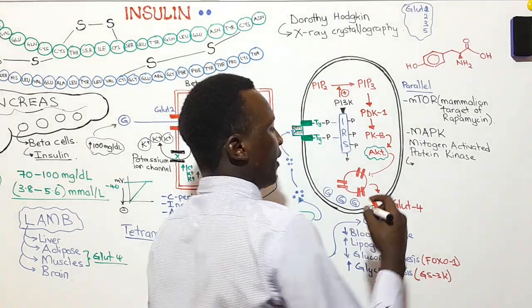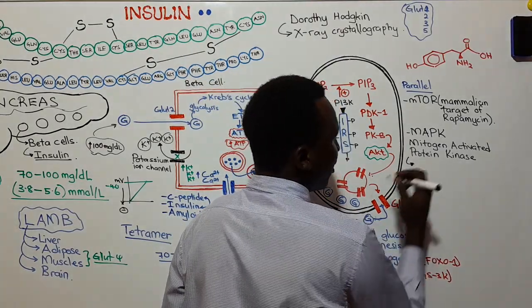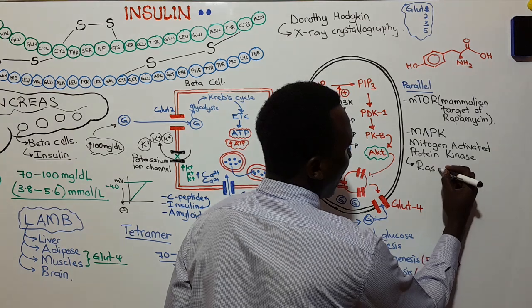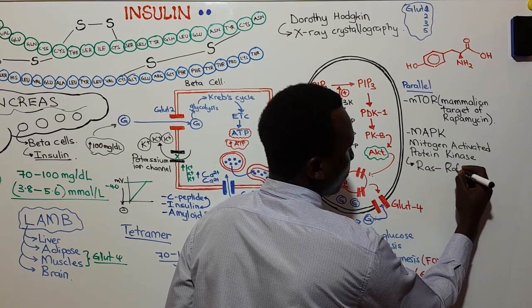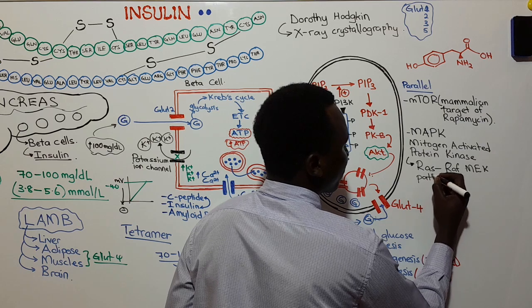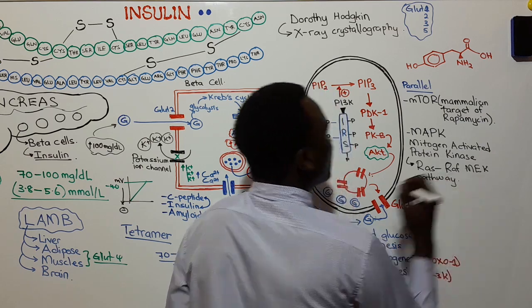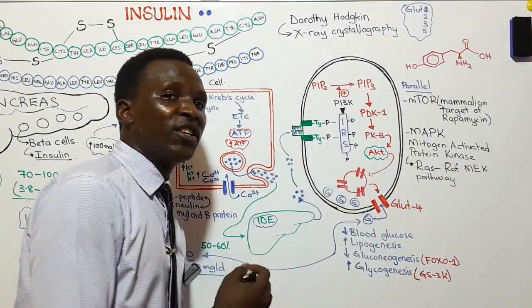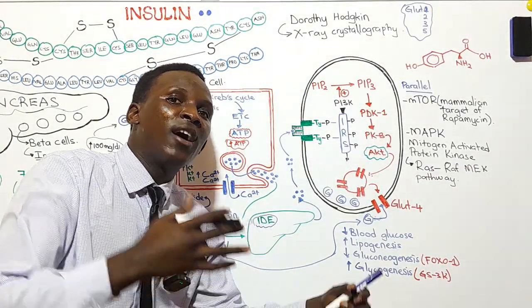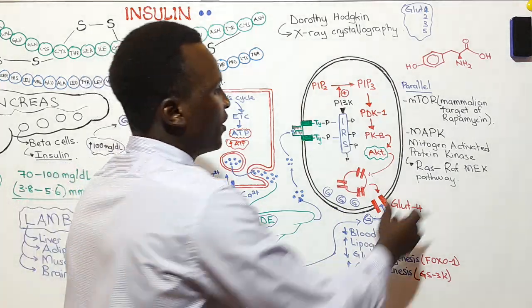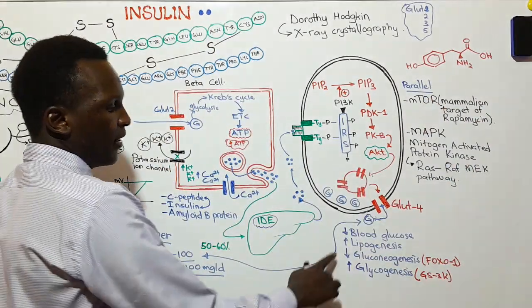But how does it do that? There are different stimulatory mechanisms, okay? Through the RAS, RAF, MEK pathway, okay? With this, you find that it is basically for gene expression, which enables a cellular increase of mass or even other forms of gene expression. Though it is not so major, but the major ones are these, okay? But it's important to know that.